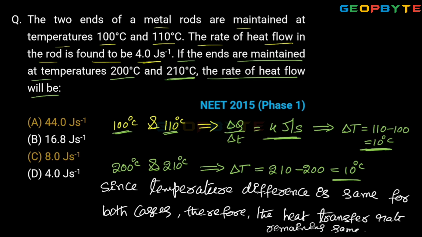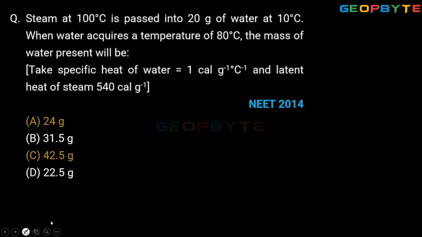Anyhow, look at option D. Option D is absolutely correct. That is 4 joules per second. Understood clearly? Yes.